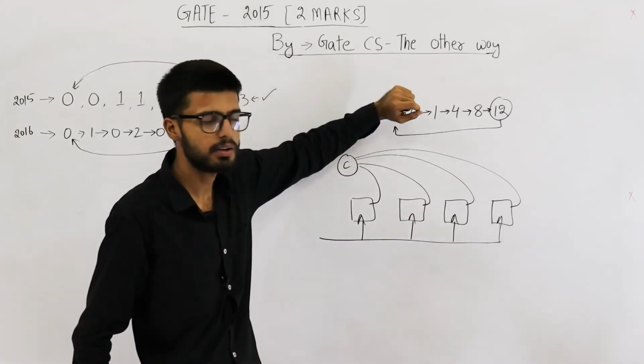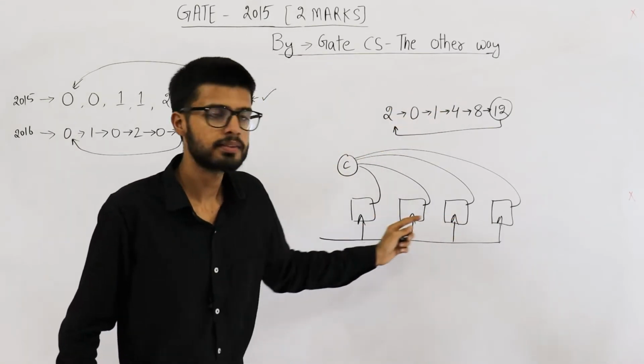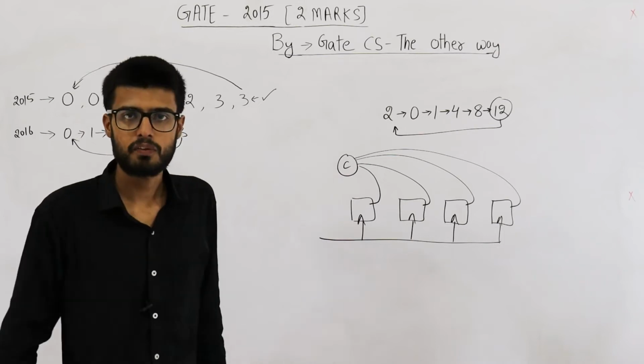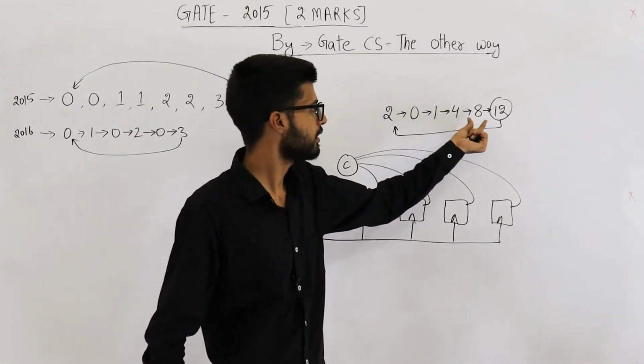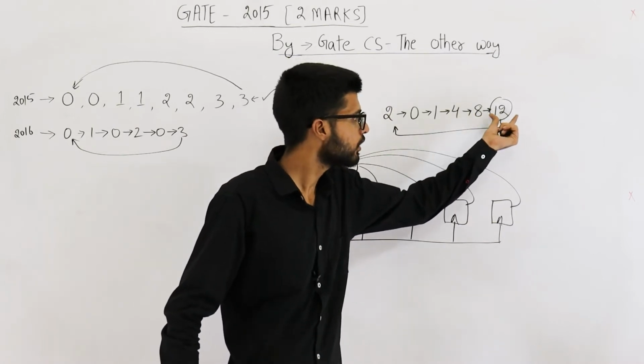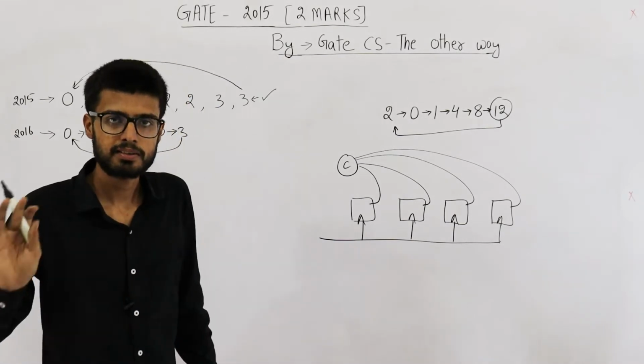Now, say at any given time the current state is 4. It will get to know that the counter is in state number 4. We can be very sure of the next state. After 4, the next state is surely 8. After 8, the next state will be 12. If you are currently on 12, the next state is 2. So at any given time, the next state is known.